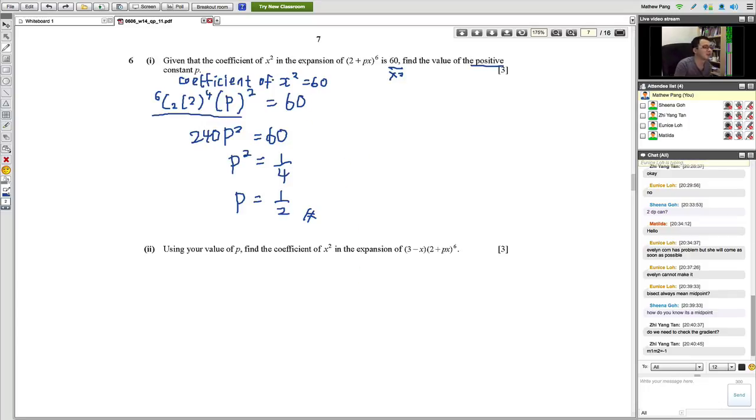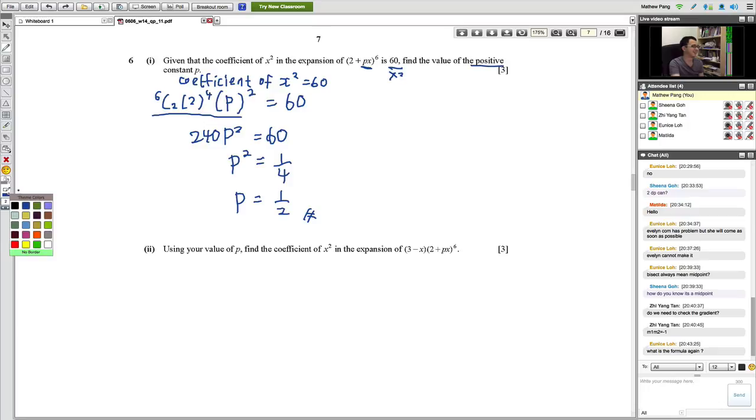Okay, so I will straight away find the second term because x is at the back here. So I know when 6c2, I actually can get x squared. What is the formula again? Yes, if you ask me the formula, I just write the formula for the binomial. Let's say this is (a plus b) power of n, right? So it will be nc0, a power of n minus 0, and b power of 0, the first term.